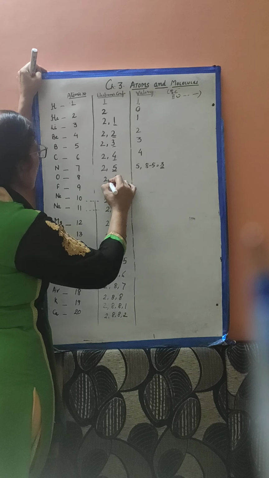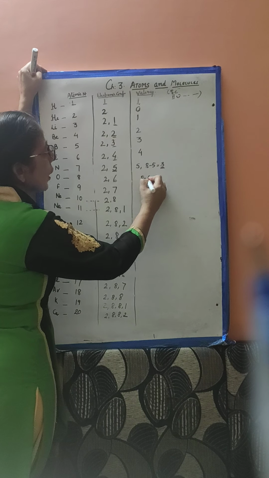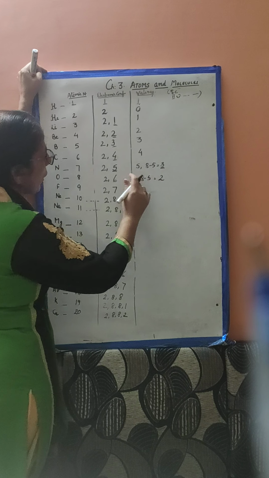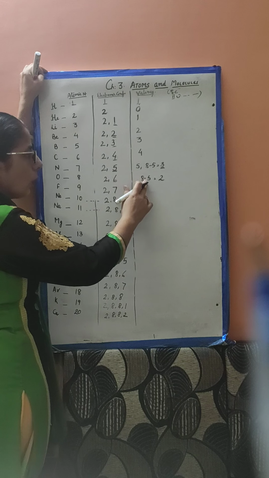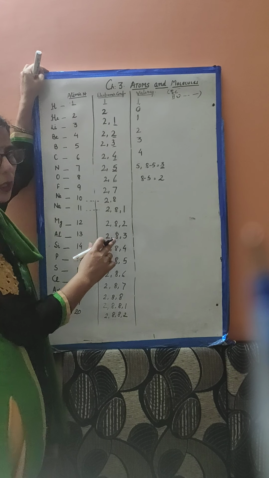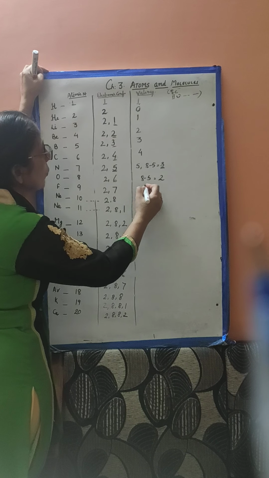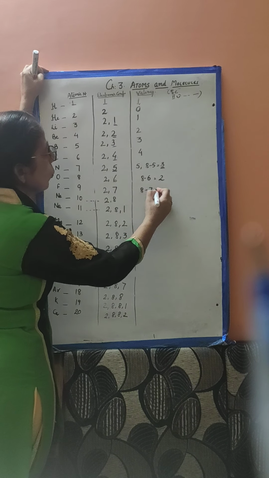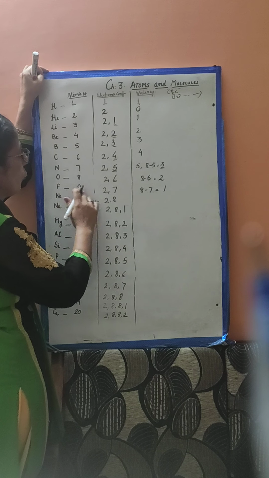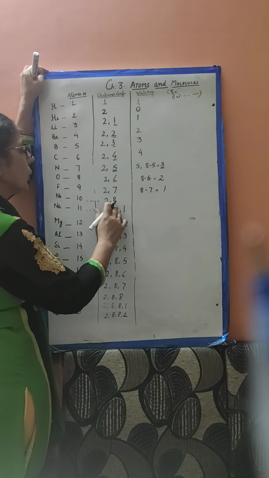So the valency in the case of oxygen is 8 minus 6. Understood? Whichever is smaller, either the number of valence electrons or 8 minus the number of valence electrons. For fluorine, 8 minus 7 is 1. So what is the valency of fluorine? 1.